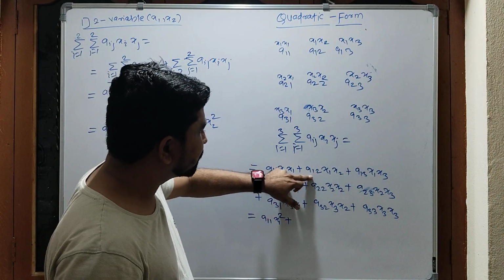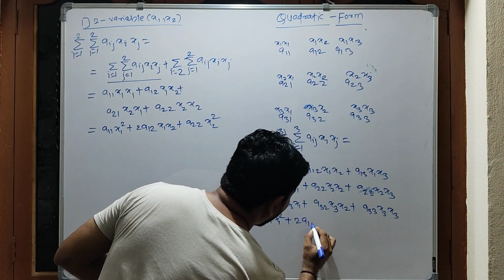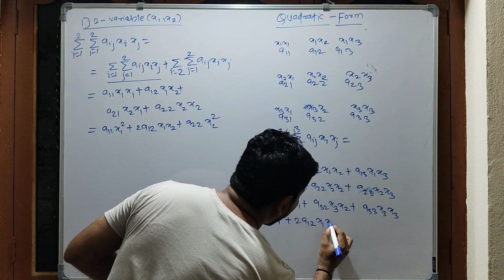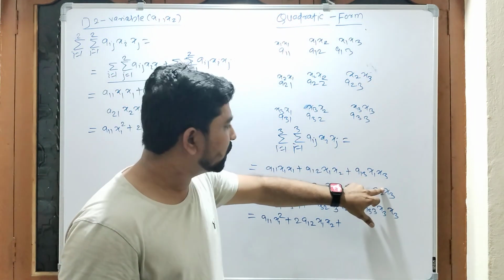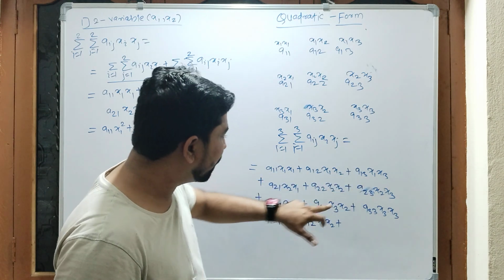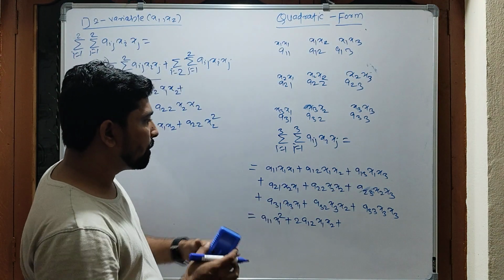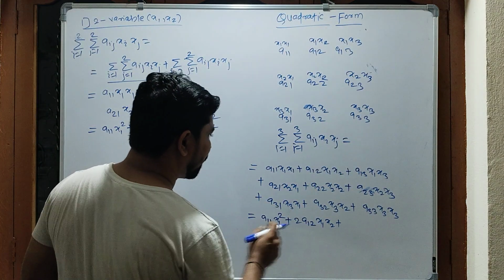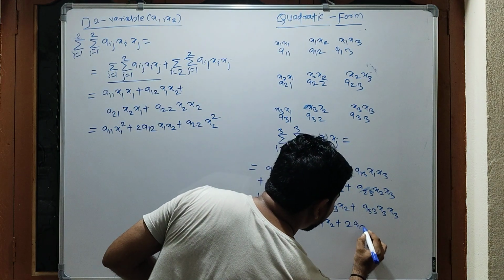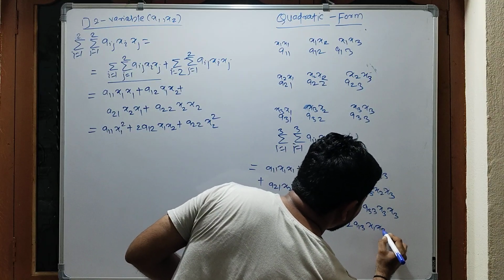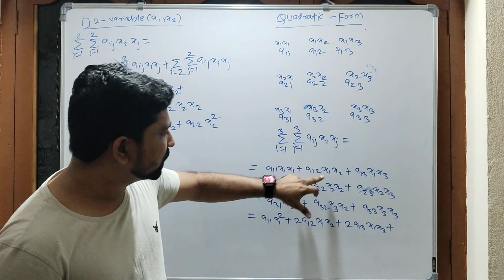So that's why I am writing 2 times a12 x1 x2, plus, now this a13 is the same as a31, so 2 times a13 x1 x3, plus, now this is covered with this.